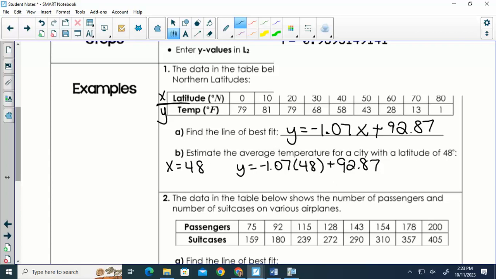Let's see what we get. Did you find it? All right, I got 40. What did you guys get?